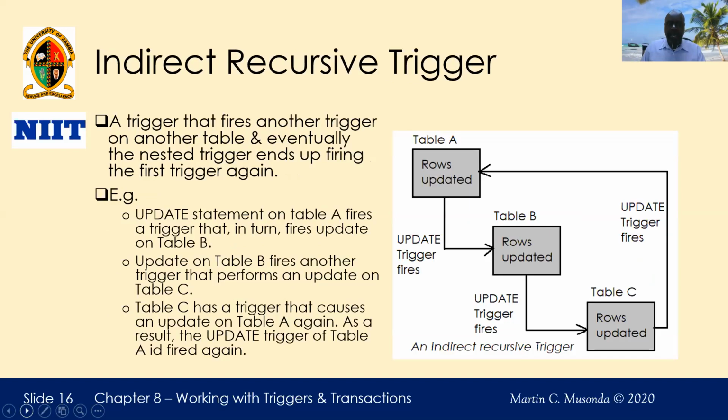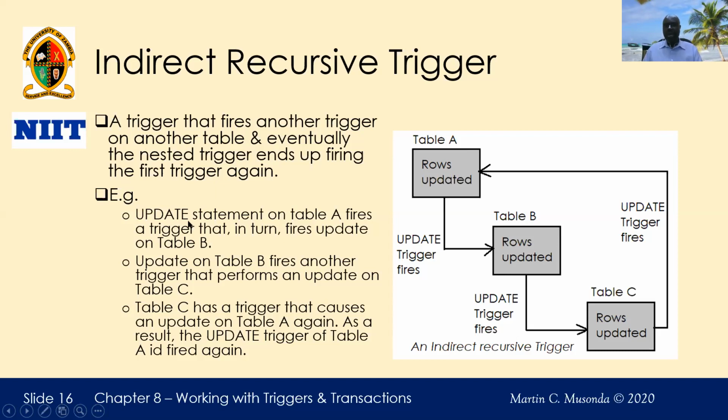The second type is the indirect recursive trigger. This one, a trigger that fires another trigger on another table, and eventually the nested trigger ends up firing the first trigger again.